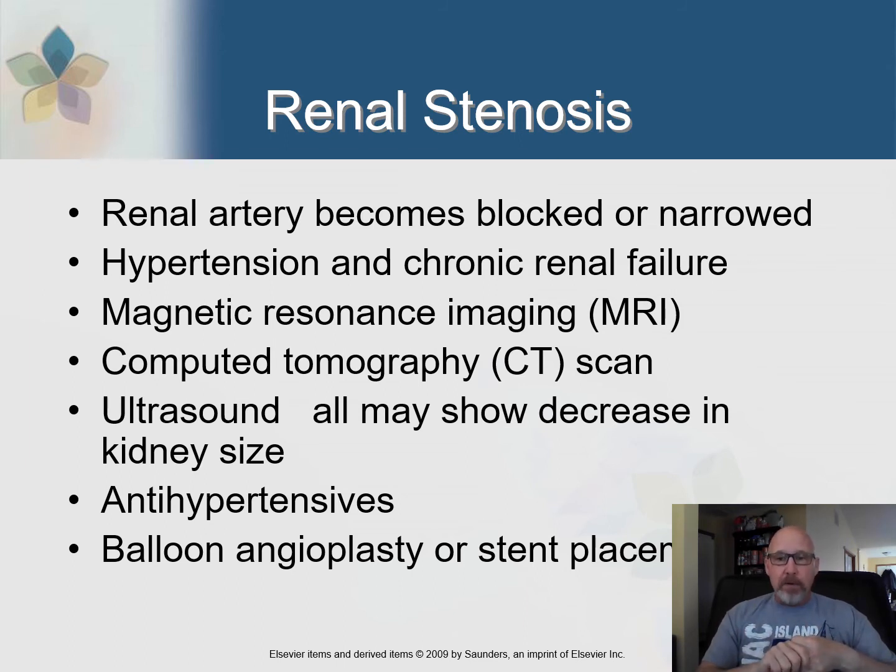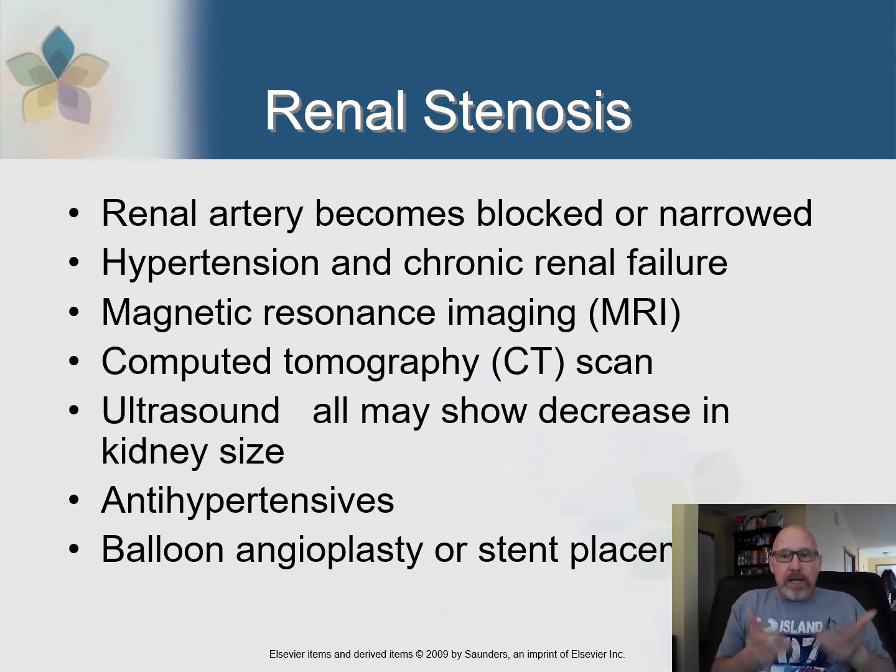Antidiuretic hormone, so we'll hold on to more fluid and do all these things to bump up the pressure. But guess what? The pressure's fine. It's a stenosis. The kidney's not getting the blood because of this narrowing.